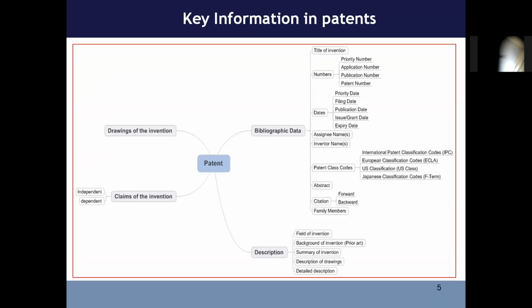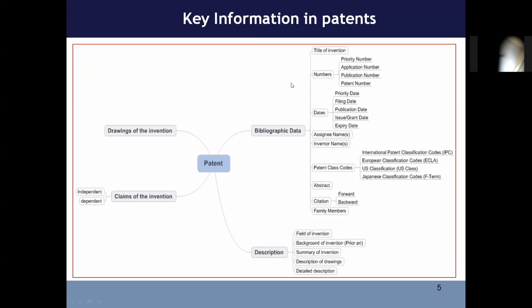And now please look into this. A patent as such can be divided into 4 parts. The first part, the very first page, whenever you see a patent document, is called bibliographic data or bibliographic information.